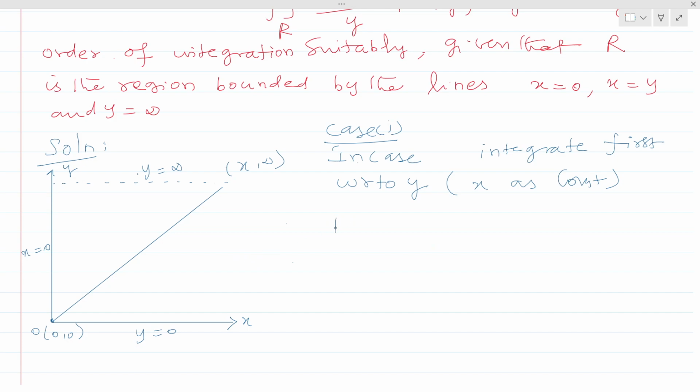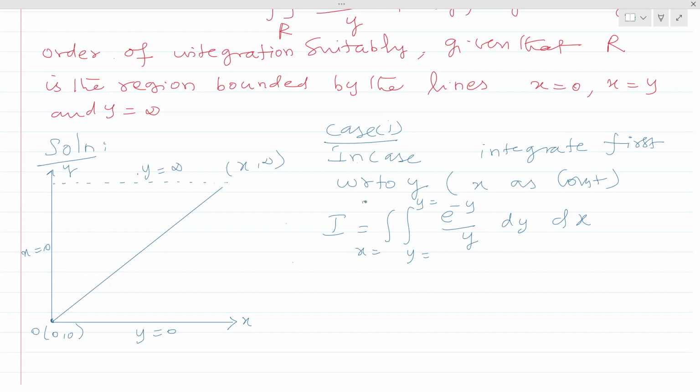Then how can we write that double integral I? That means double integral of e power minus y by y dy dx, because we are integrating first with respect to y, is it not? So therefore we have to write the limits of y first, then only the limits of x.